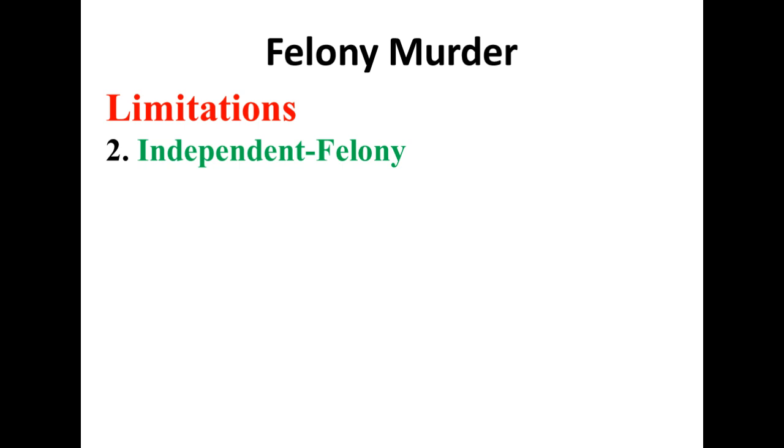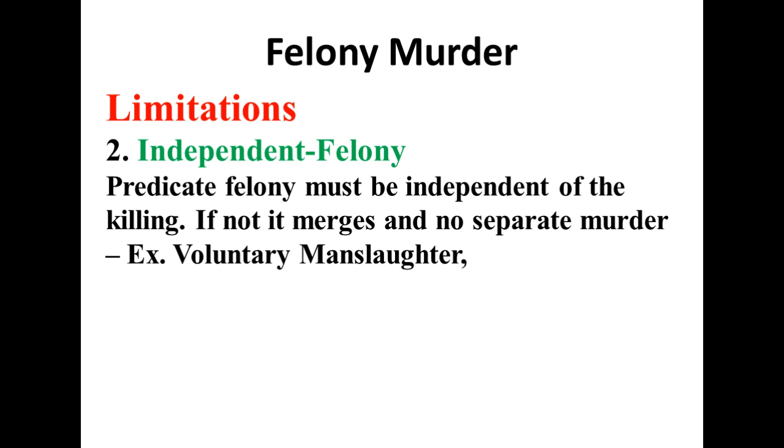The second limitation that is often imposed by jurisdictions is the independent felony limitation. That is, the predicate felony must be independent of the killing. If not, it merges and there's no separate murder. The best example that one could give is voluntary manslaughter.